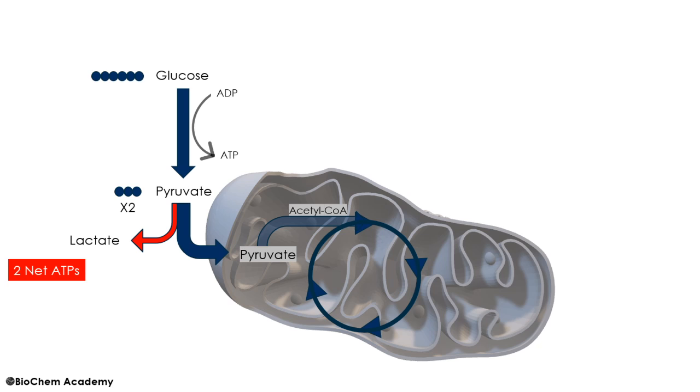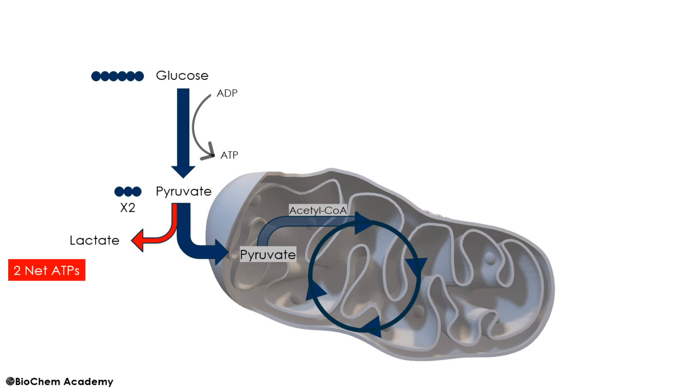I say net because the process from glucose to pyruvate has multiple steps, which consumes and produces ATP. And at the end, we are left with 2 ATPs. We refer to this process as glycolysis, meaning lysing glucose, breaking down glucose. So glyc meaning glucose and lysis meaning breaking down.